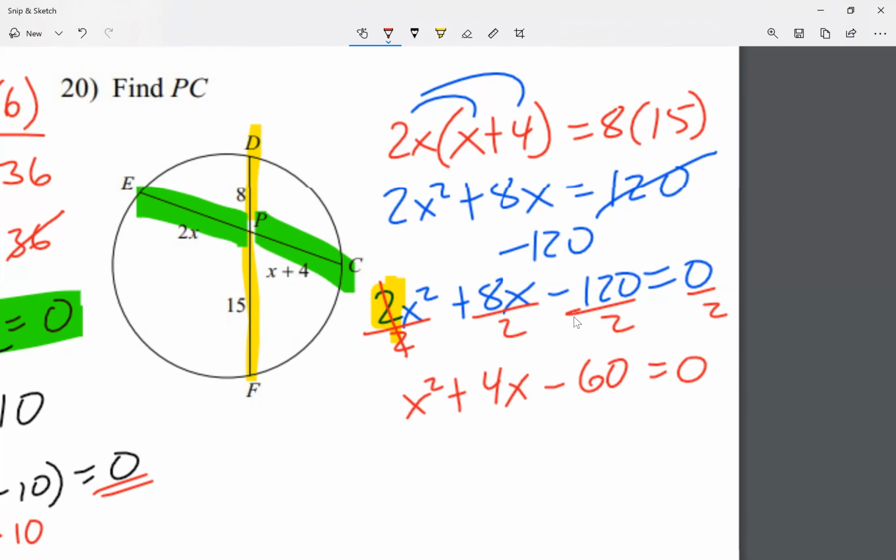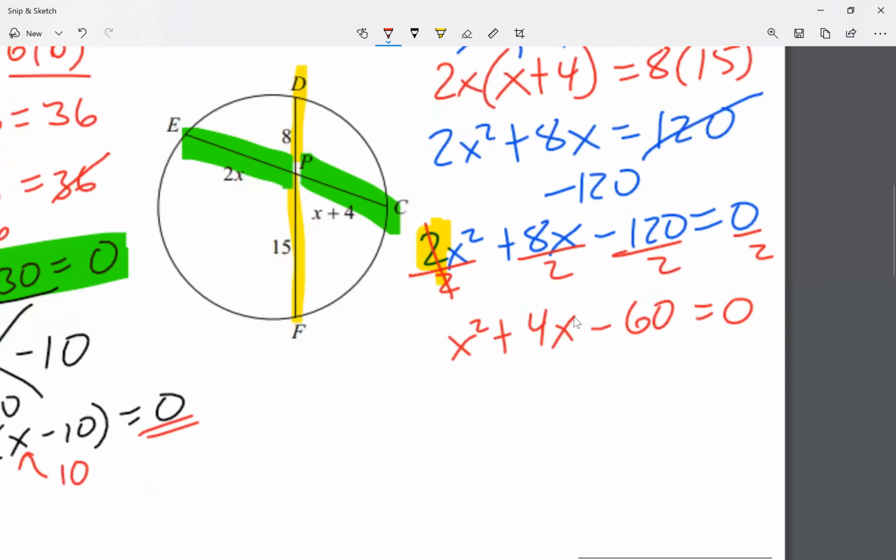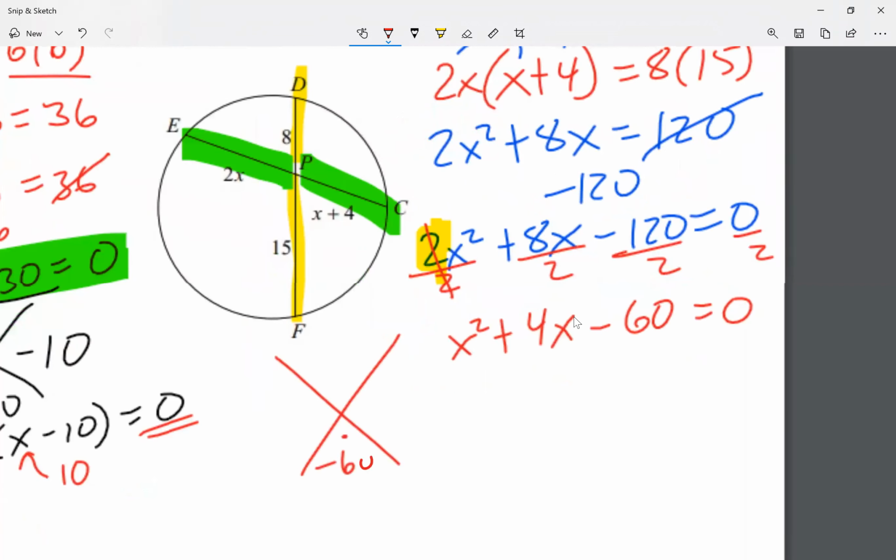Now, when it comes to factoring, remember, I'm looking at this thing right here. I'm looking for two numbers that multiplied equal negative 60, but when I add them it's 4. Because they multiply to a negative, my signs are opposite. So start thinking at the side.